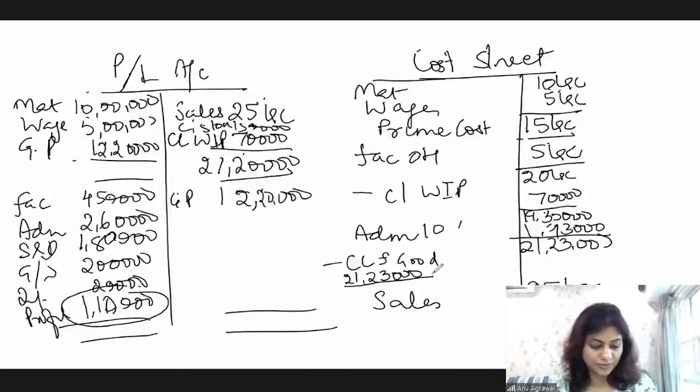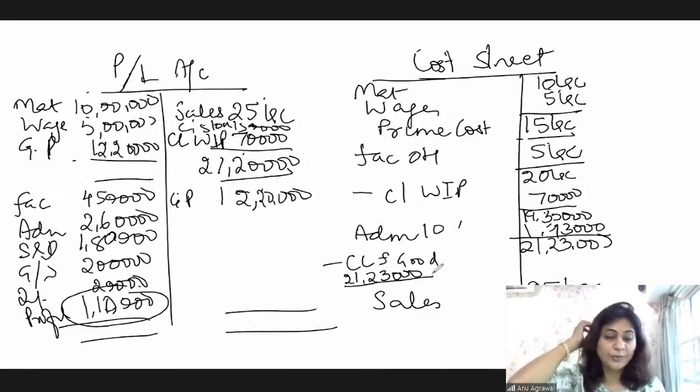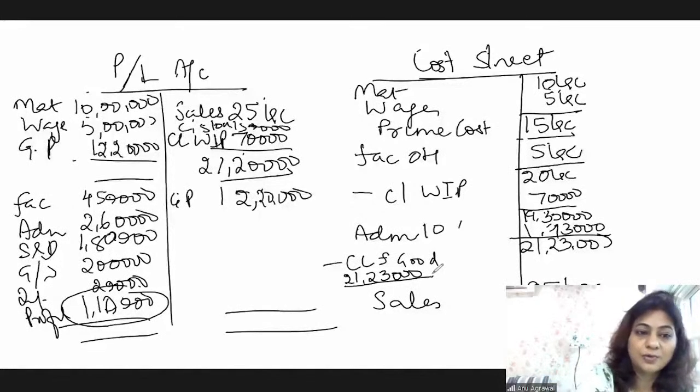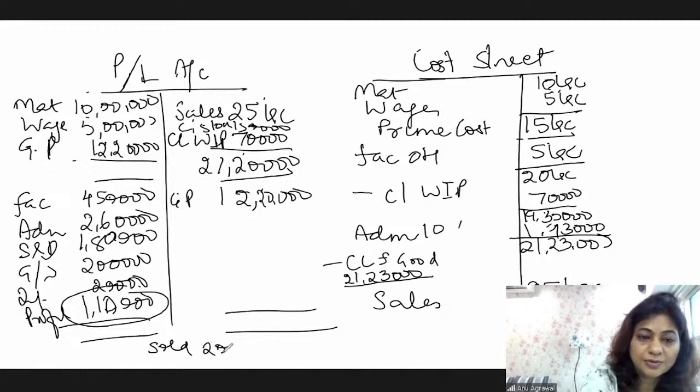What are the total goods which are there? Look at it. They have given, I have sold 20,000 units and I have a closing stock. See, look at the question. They have said they have sold 20,000 units and they have a closing stock of 1230 units. That means total goods they must have produced would be 21,230. Yes or no?